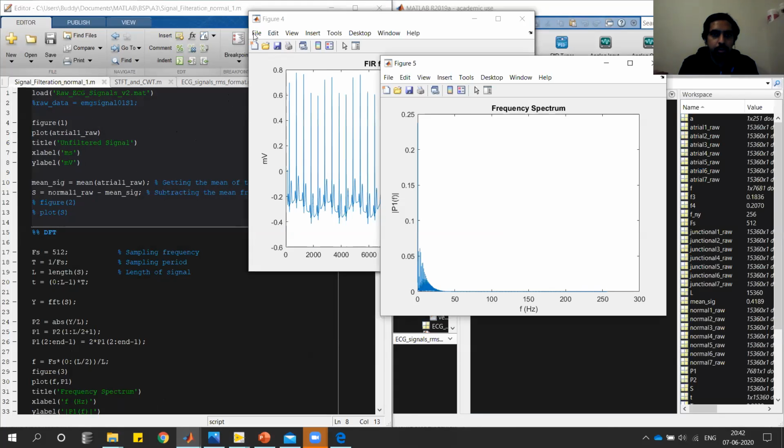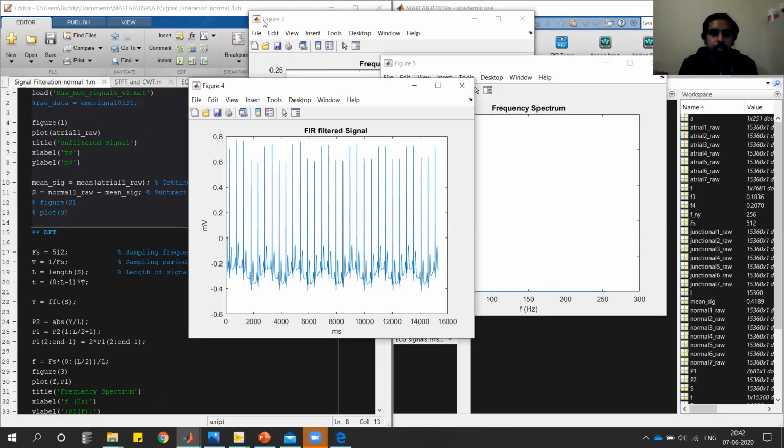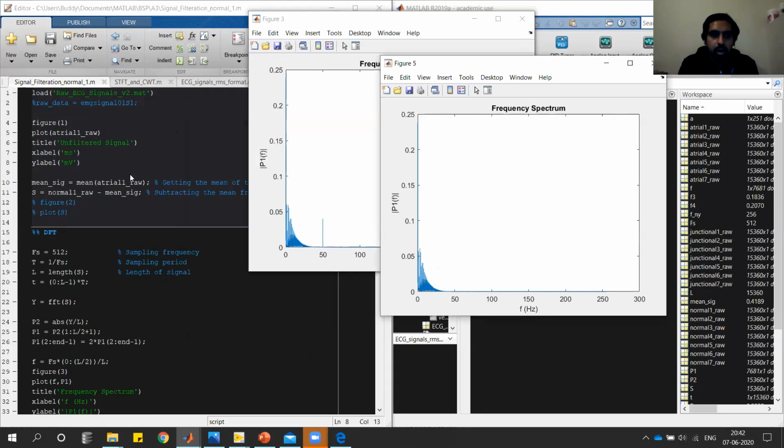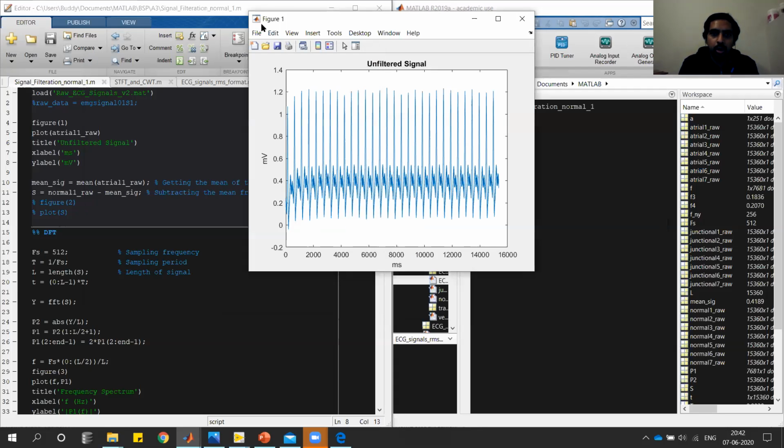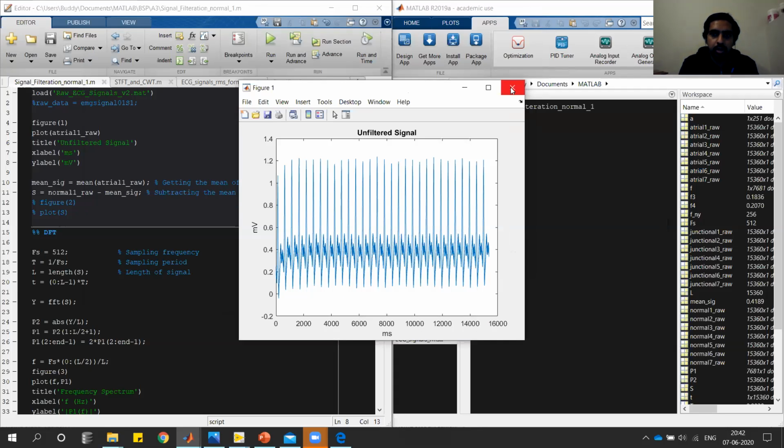As you can see, as it was discussed earlier, we removed the 50 Hertz frequency from the simulated ECG signals and filtered it using a band stop filter to get this filtered frequency spectrum. We did this for all the signals that we simulated.